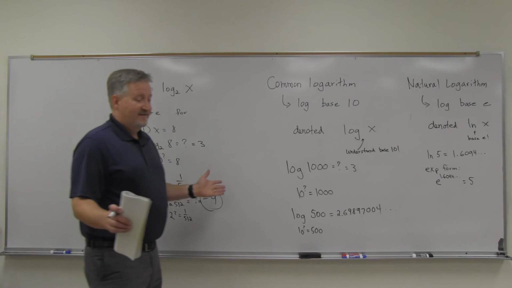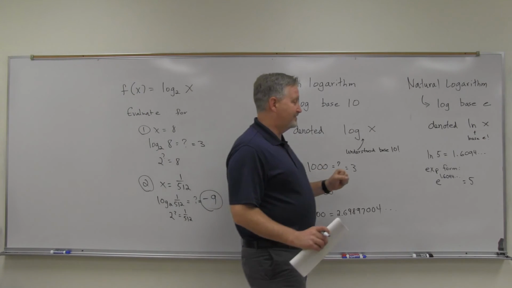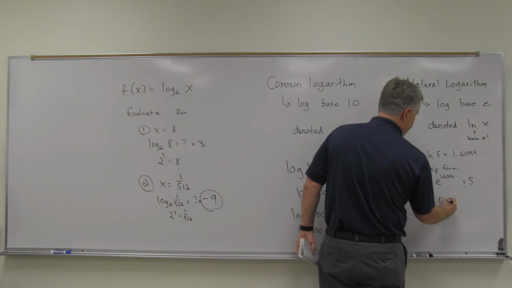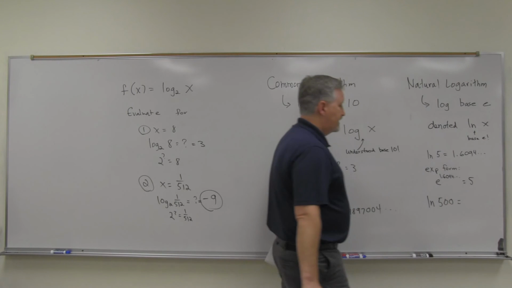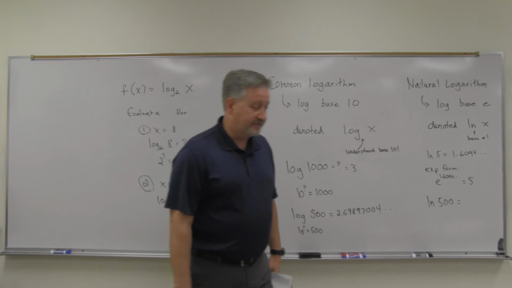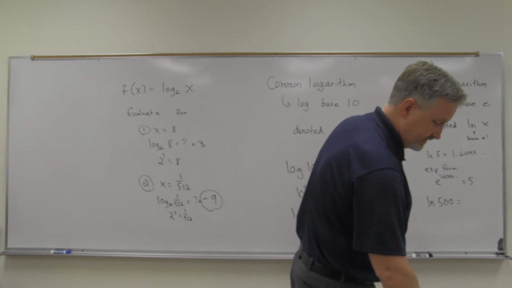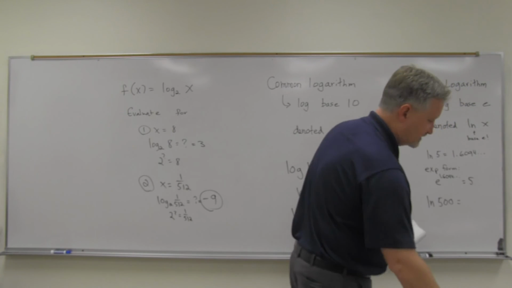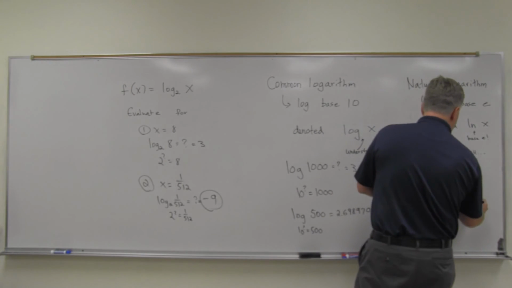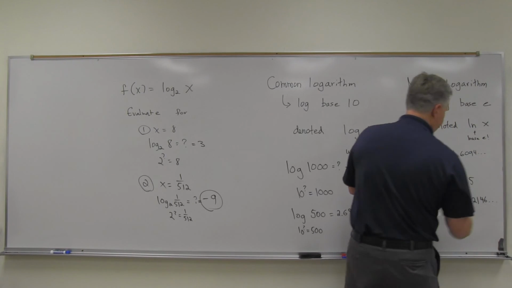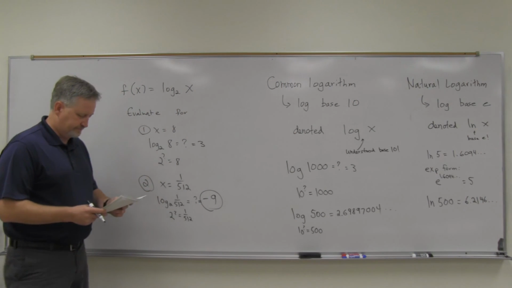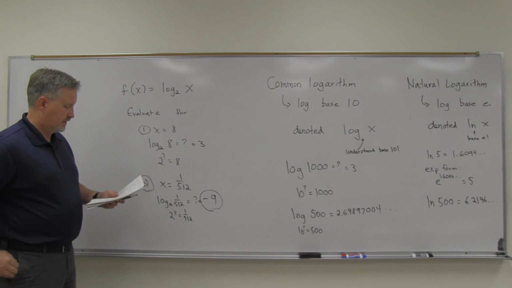That's not at all a nice number, but the calculator can do it for us, because most scientific calculators have an ln button. ln of 500, no problem. It's 6.2146, blah, blah, blah. You can just punch it in and get those.